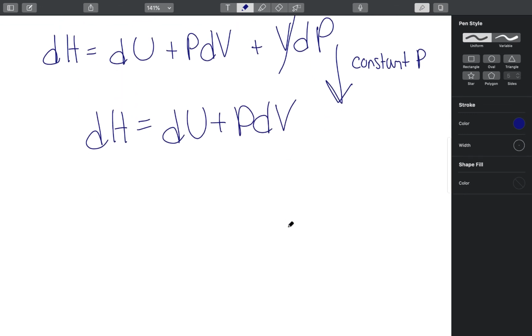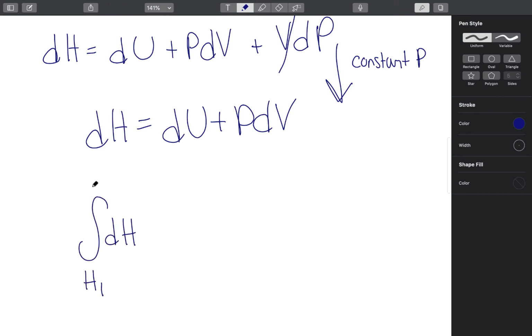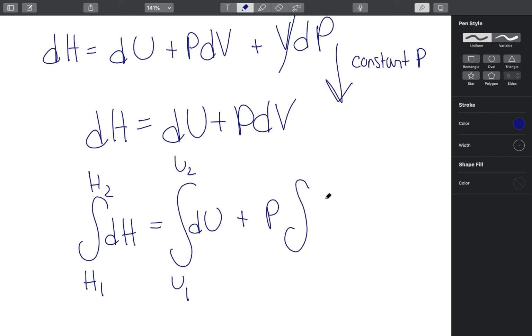And when we integrate this, the integral from H1 to H2 of dH is equal to the integral from U1 to U2 of dU plus P times the integral from V1 to V2 of dV, because we're at constant pressure.